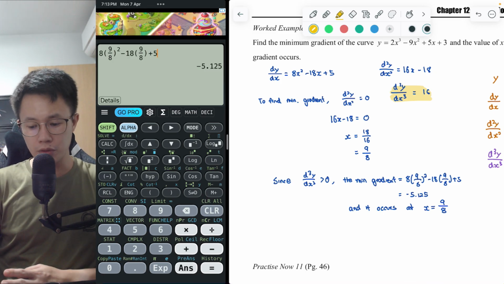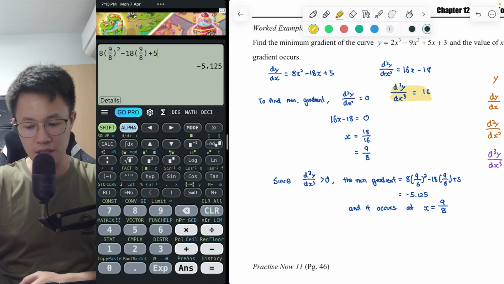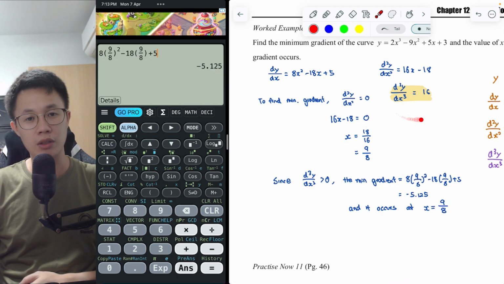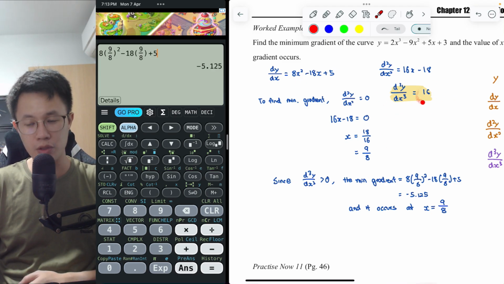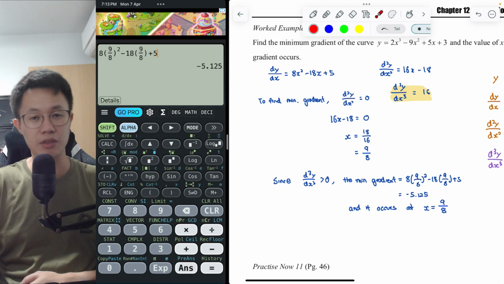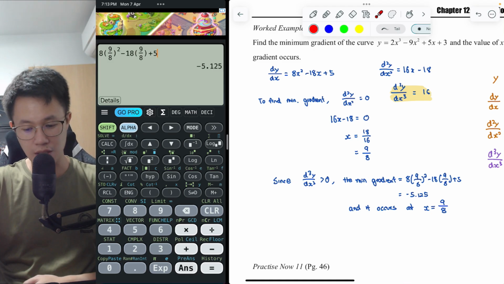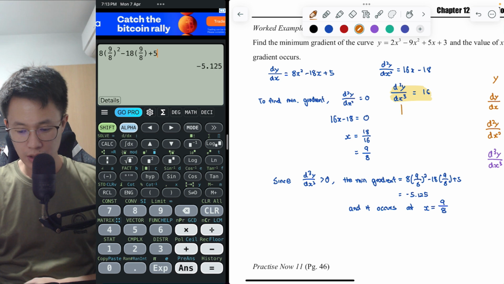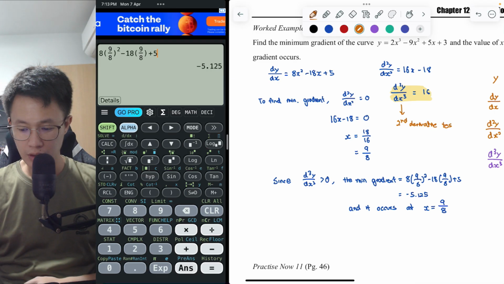So we need to prove that the value at x equals 9 over 8 is actually a minimum, and so we do d cube y over dx cube, which happens to be always a positive value because it's just simply differentiating this. So this is the second derivative test. I'm just going to write it down. This is the second derivative test, not for y, but for dy over dx.